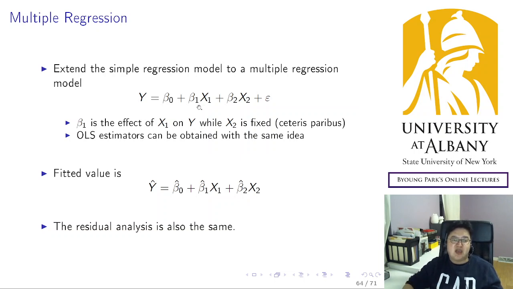from the simpler case. So in this case, beta 1 is still the same. This is the effect of x1 on y. So when x1 increases, y increases by beta 1. But you have to remember this additional phrase. We have to interpret beta 1 as the effect of x1 on y given that x2 does not change.